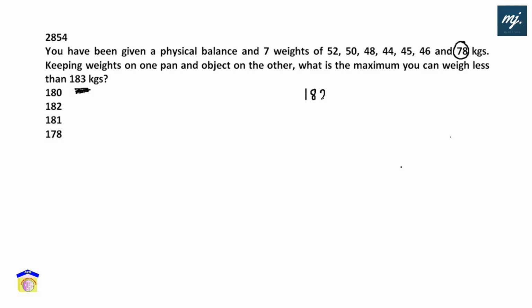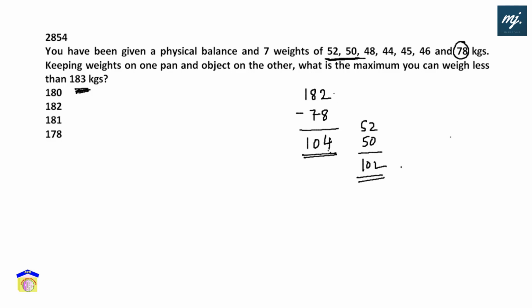Then let us see whether we can weigh 182 or not. 182 minus 78 would be 104. Now with any combination we get closer to 104. Yes, if I take 50 and 52, then what I'll get is 102 max and not 104.